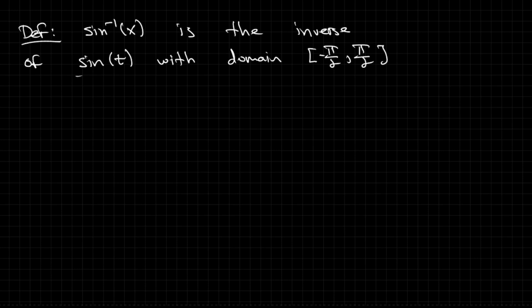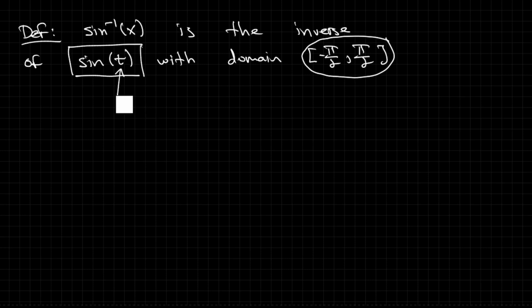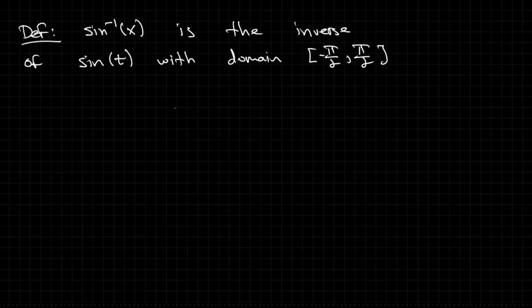So normally, if you were just focusing on sine of t and you asked what is the domain of sine of t, then the answer would be all real numbers. We've established that you can put any value of t into sine of t. But for the purposes of defining the inverse, we have restricted the domain to be between minus pi over 2 and pi over 2.